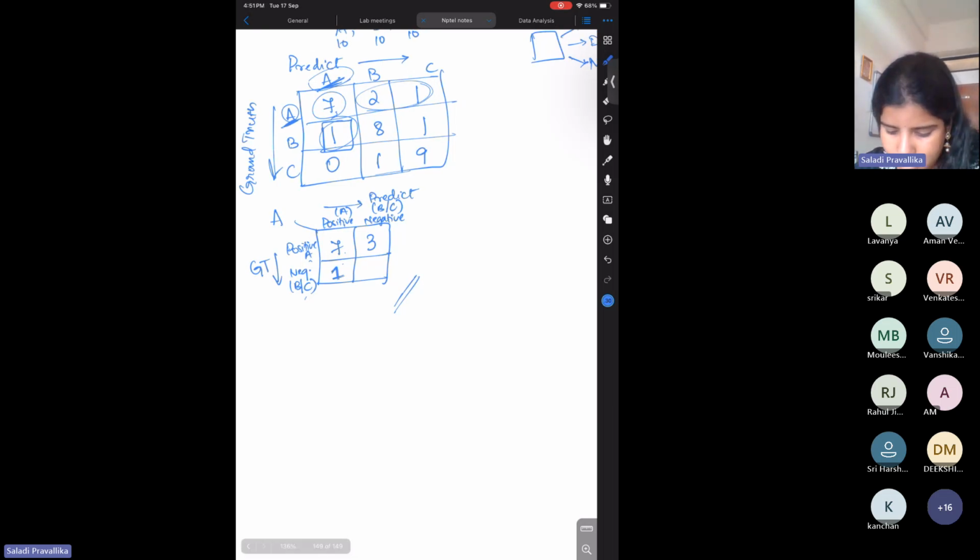My prediction is either B or C, and my ground truth is also negative for A. So these values come.